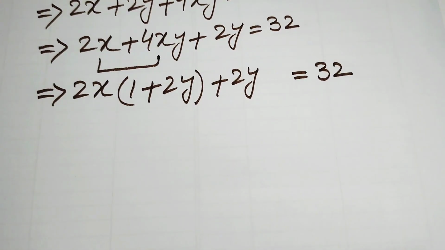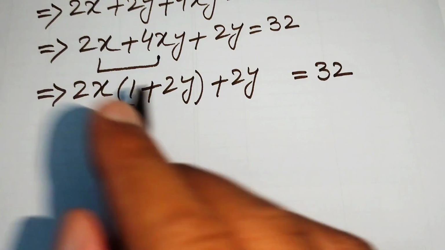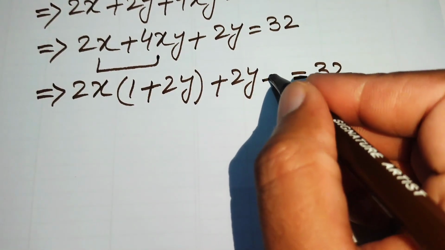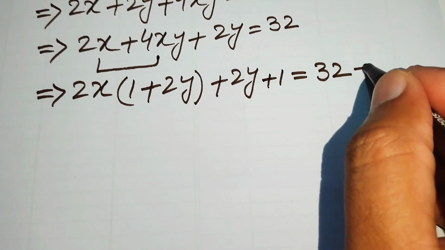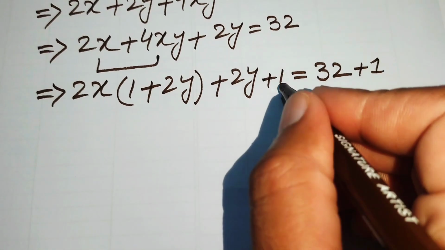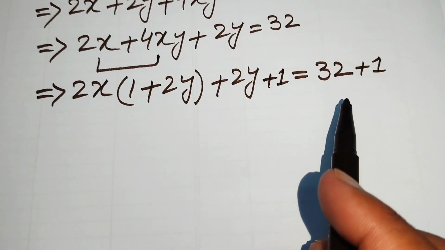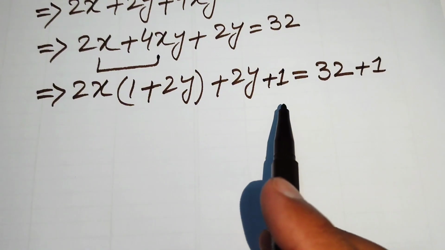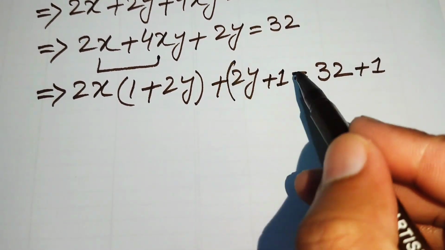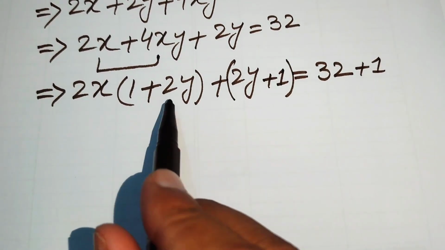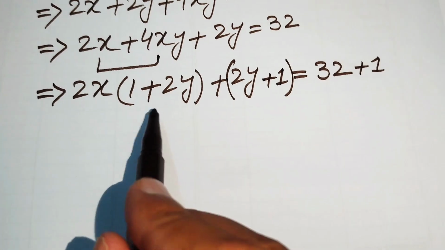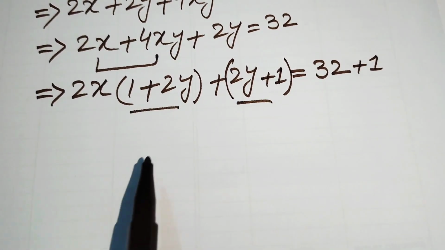In the next step we need some simplification, because we want to make factors of this equation. So we add 1 on both sides. Now we see 2y plus 1 and 2y plus 1, so this is a common term.